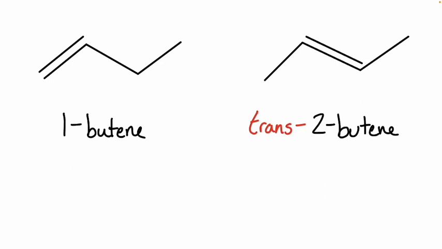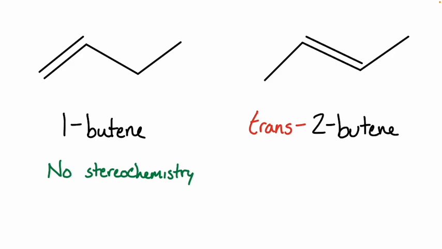Am I looking at the cis or the trans stereoisomer here? Or is that a trick question? It's a trick question, right? So this particular molecule here does not have any stereochemistry. Okay, so not all alkenes have stereochemistry.